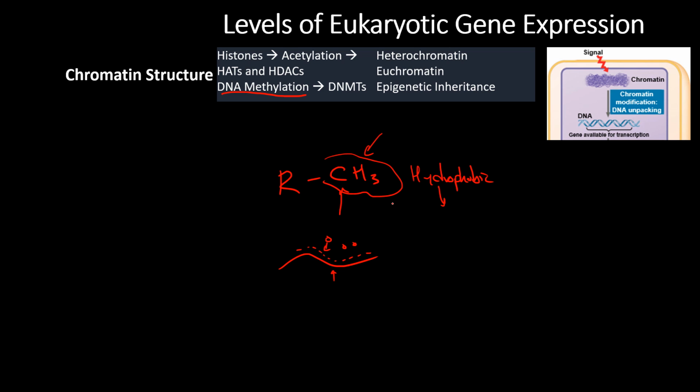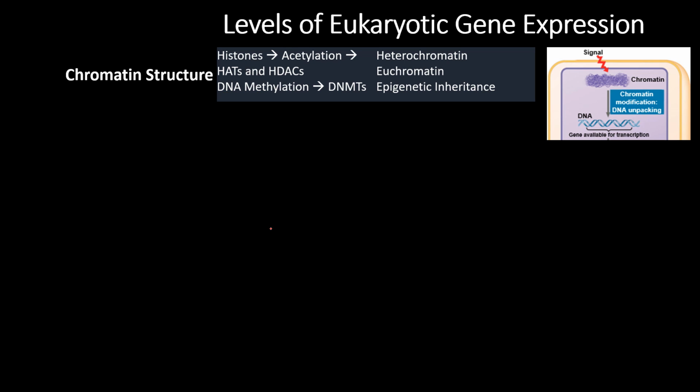It'll form hydrogen bonds. In other words, the DNA is soluble in water. If we methylate areas of the DNA, these become hydrophobic pockets, and it ends up crumpling up the DNA away from the water, taking it out of play.